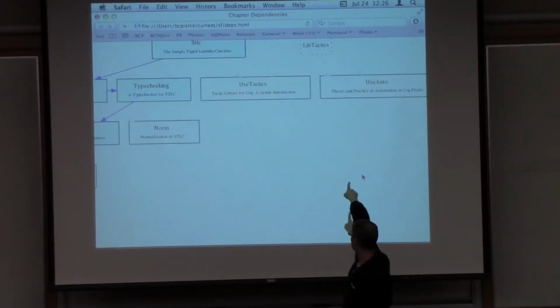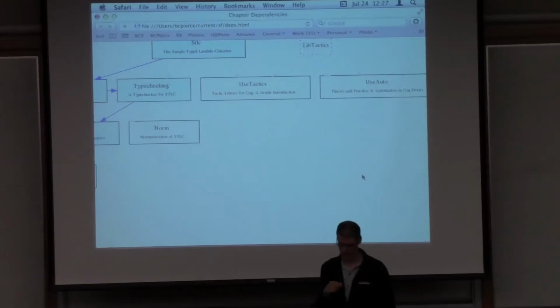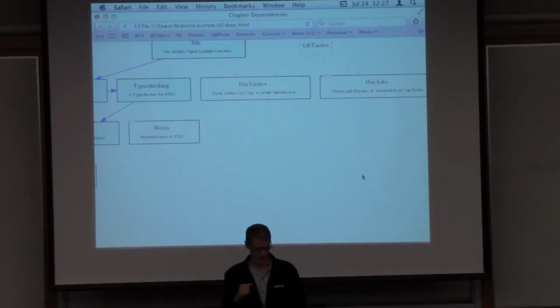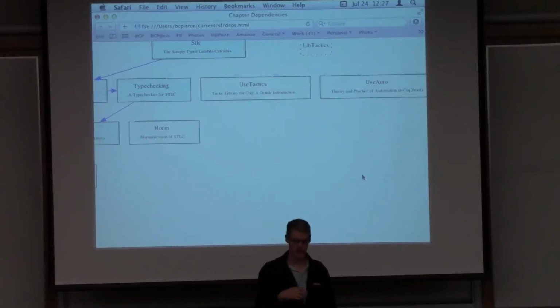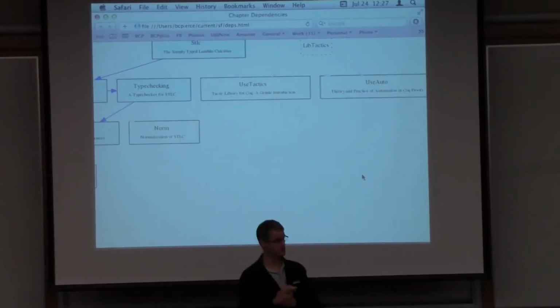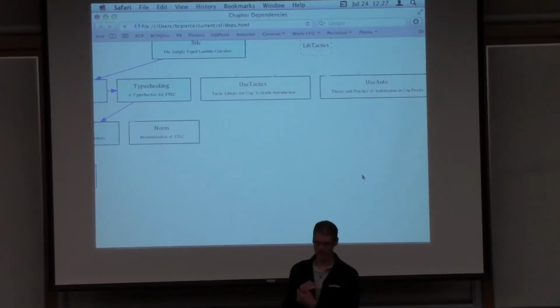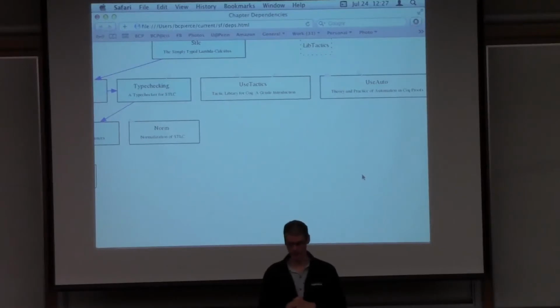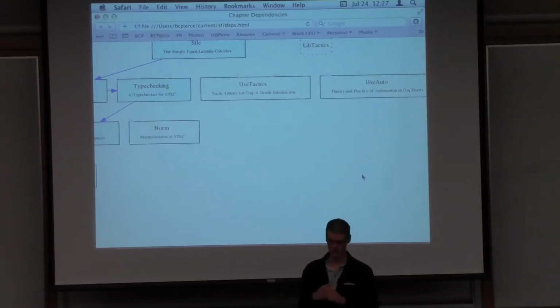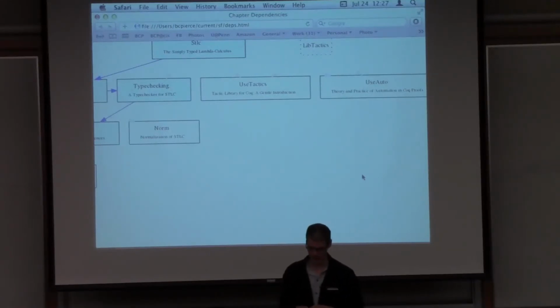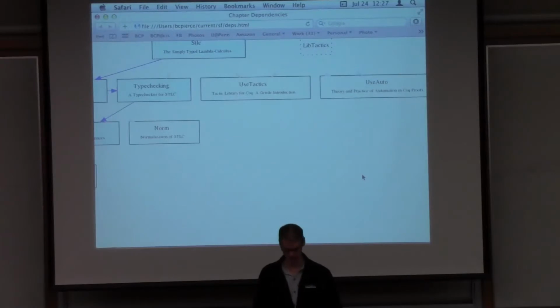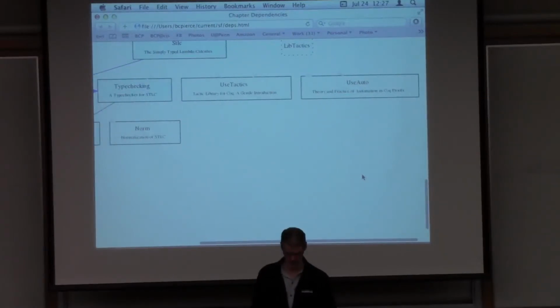And then these two chapters on the right were contributed by Arthur Chargueraud, and these are more extended tutorials on how to use the tactic features, tactic programming, and his slightly fancier tactic library. And then a whole chapter on how to use the auto feature, which we'll talk about today. Okay, so this is just by way of telling you everything that's there, in case you want to have a look at it further.